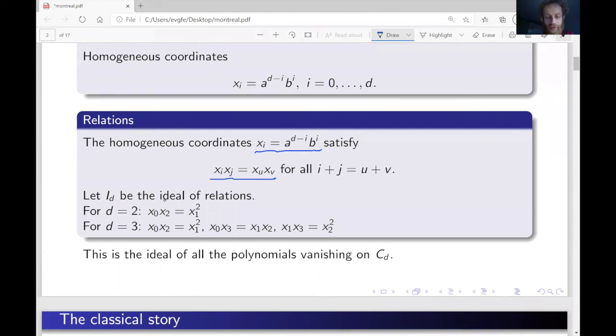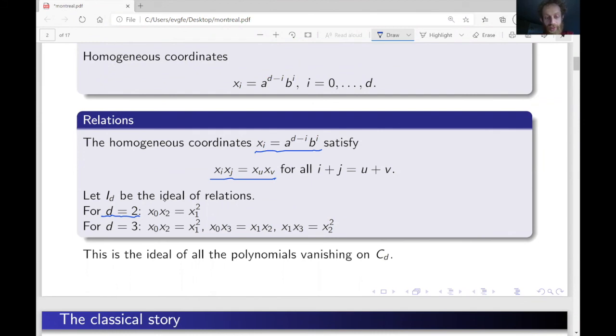If d equals 2, meaning that we have three homogeneous coordinates x0, x1, x2, then those three satisfy the only relation, x0 x2 equals x1 squared, and the claim is that the ideal generated by this single polynomial gives the vanishing ideal for this Veronese curve.